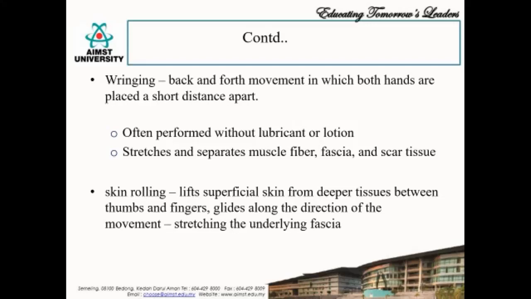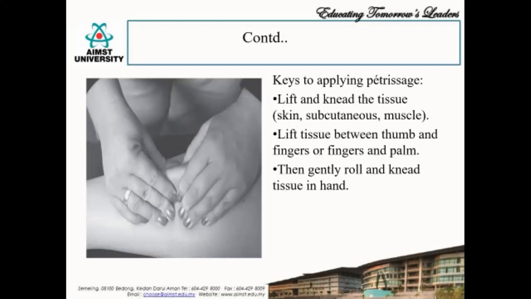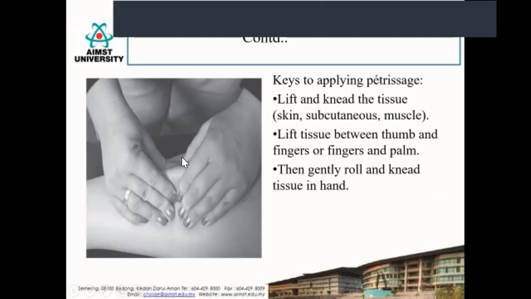Next, the last one is called skin rolling. Skin rolling is where you lift the superficial skin and rub along with the deep one. Can you see? Lift the tissue, then rub along with the deep one.